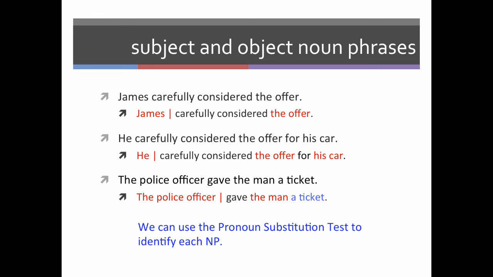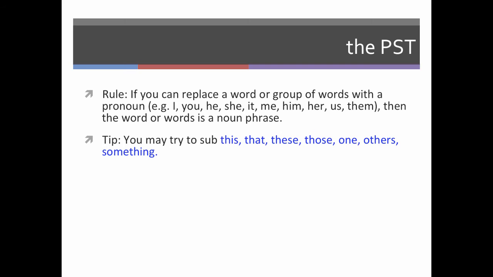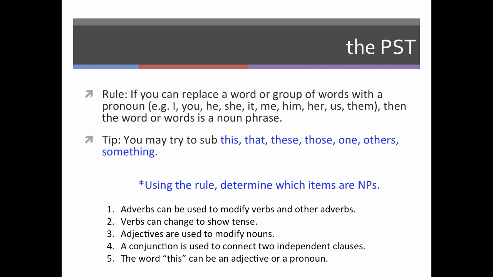Keep that in mind. It's a very useful test. So again, the pronoun substitution test: if you can replace a word or group of words with a pronoun, then the word or words is a noun phrase. And we know subject pronouns such as I, you, he, she, it, we, and they.